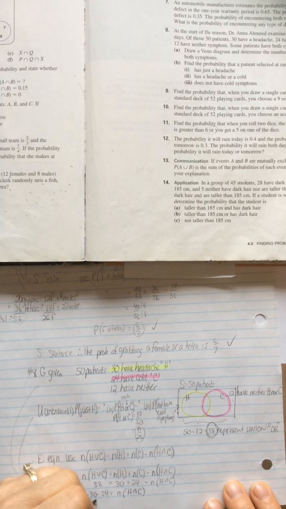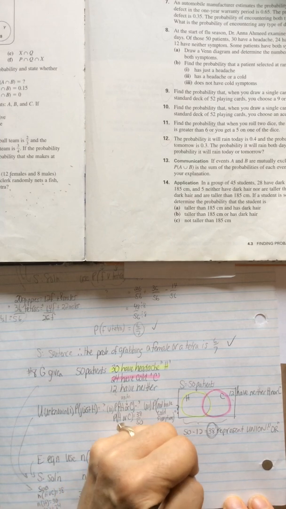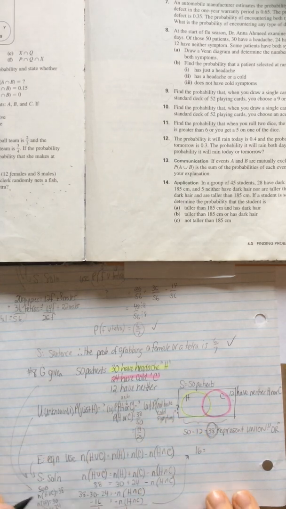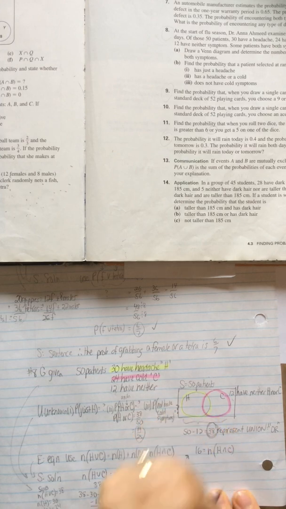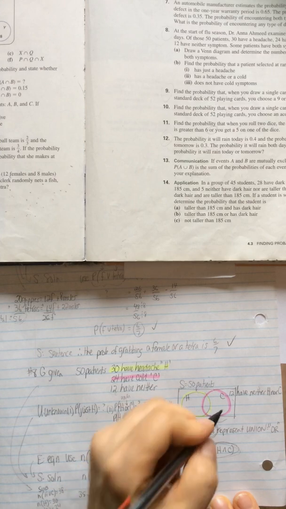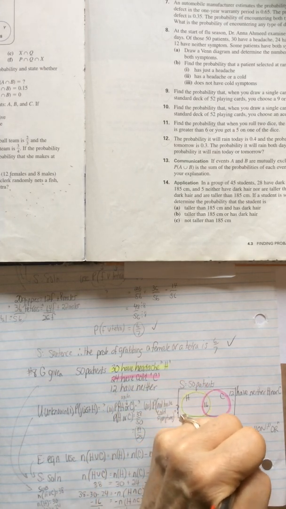So negative 16 equals, oops, that's a negative, so divided by negative 1. So we have 16 equals the number that have the headache and the cold. So that number goes here. That's the intersection.